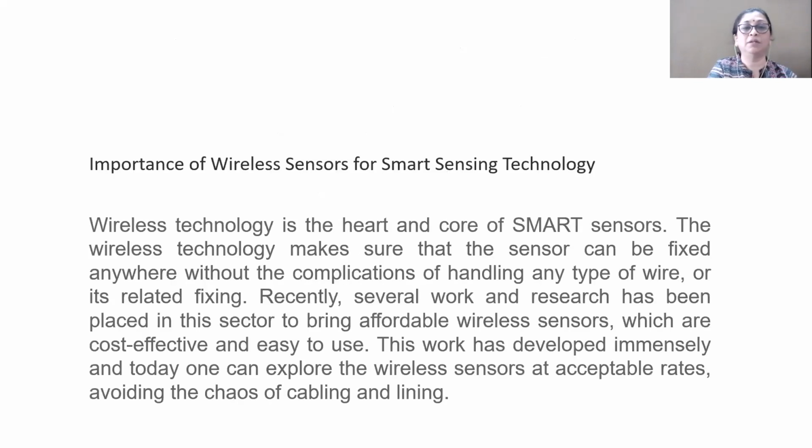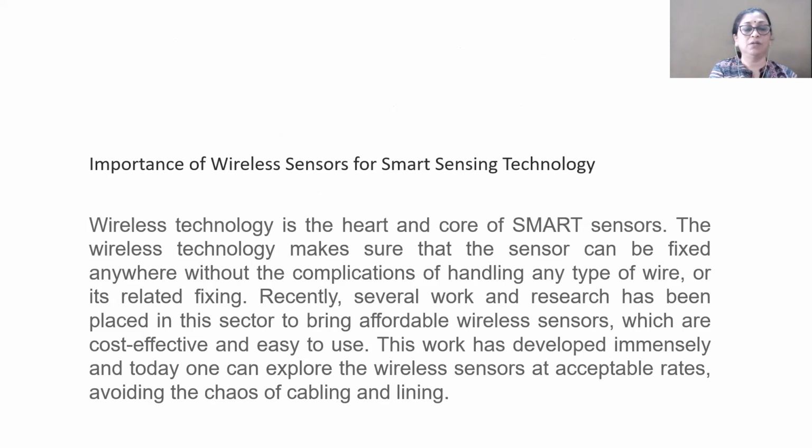Okay, now as you can see, the smart sensors are using wire technology to transmit their data, but nowadays wireless technology is also used to transmit the data of the sensor at remote places.